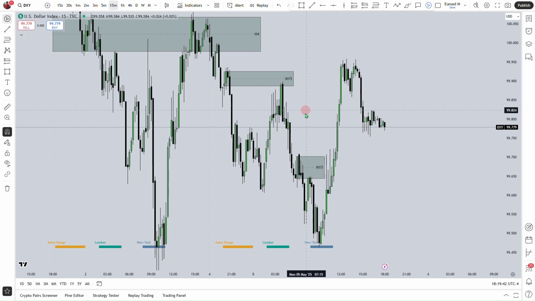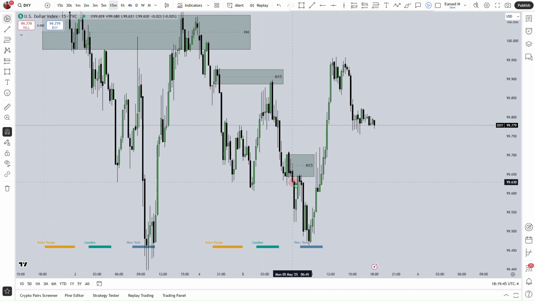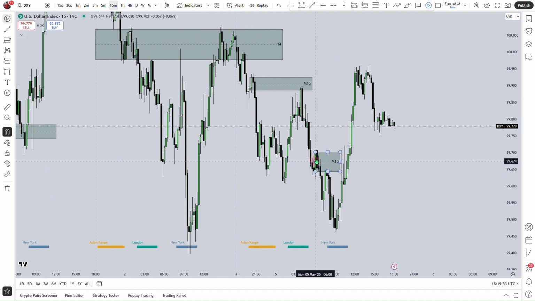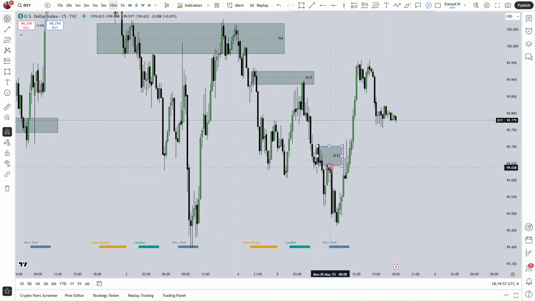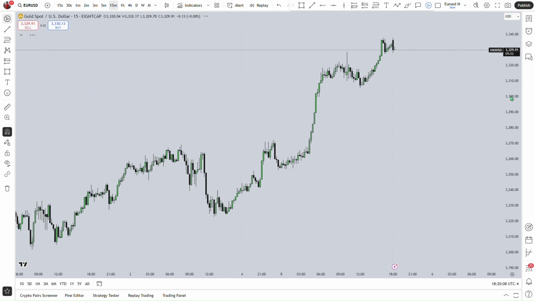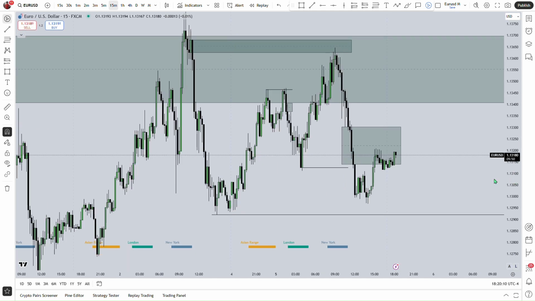And again, in New York session, which starts at 7 a.m. New York Standard Time, price formed this order block and it got tapped and price went down again. So this was good, but did not do this in EURUSD. It was not as clear as that, so I would have ignored it.